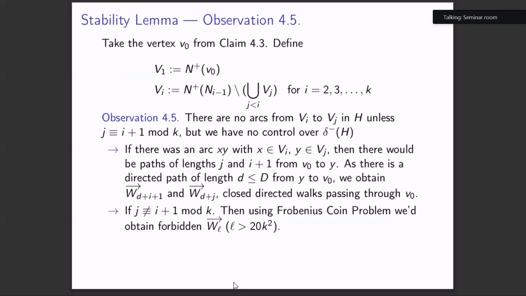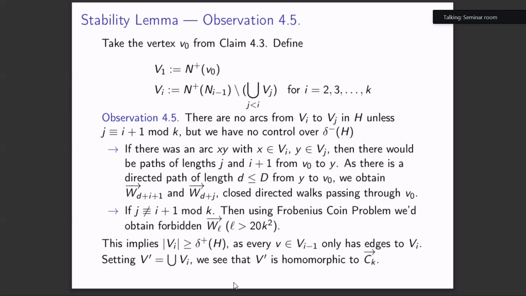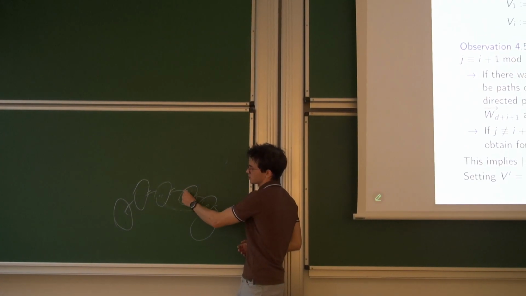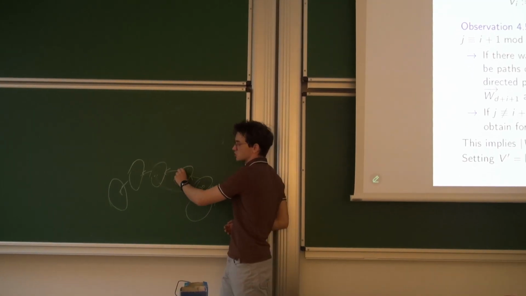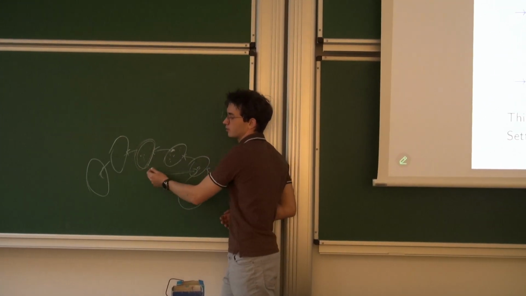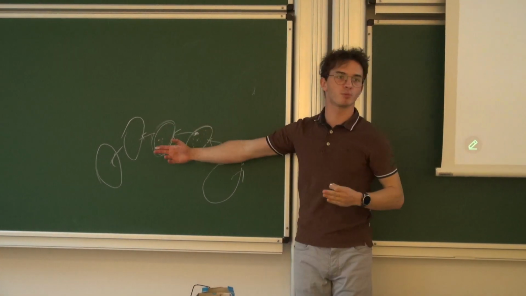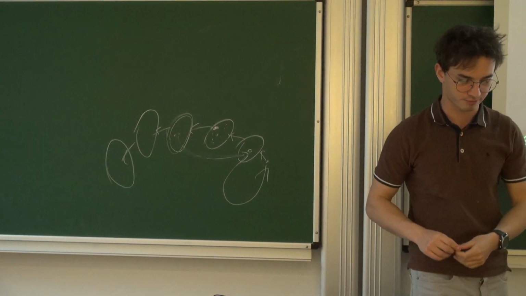Okay, and that's the observation. And this implies that given that there are no bad edges, the size of every blob is large, because from every vertex in the previous blob, the only edges going out are to the next blob. Hence, the next blob is at least the size of the outdegree of the graph. Yes.